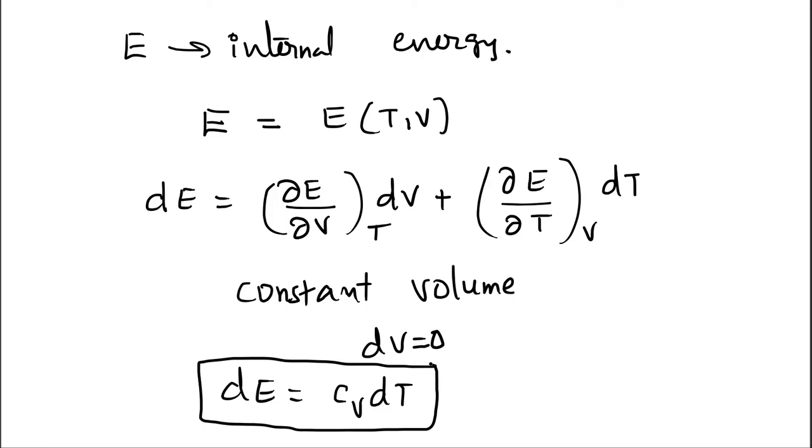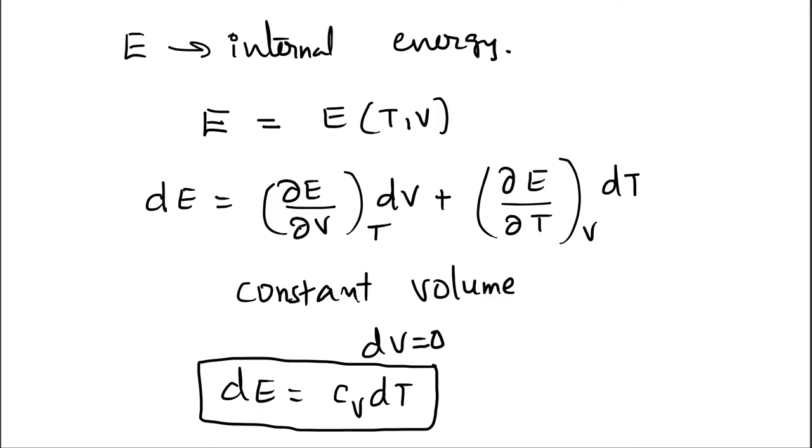Internal energy depends only on temperature. But if there is expansion, then what will this factor be? Will this factor be 0? If this factor is 0, then we can say that internal energy is purely a function of temperature. In expansion, dV is never 0, or in compression also dV is never 0.